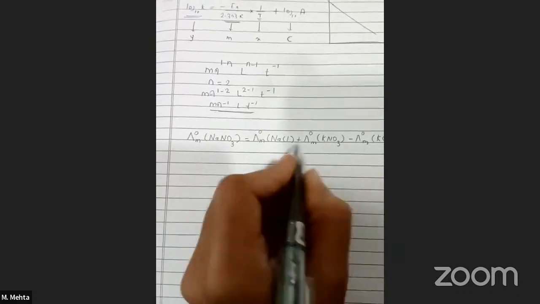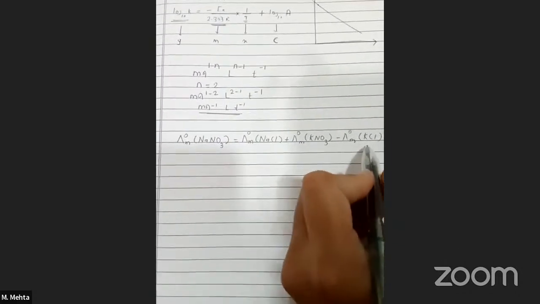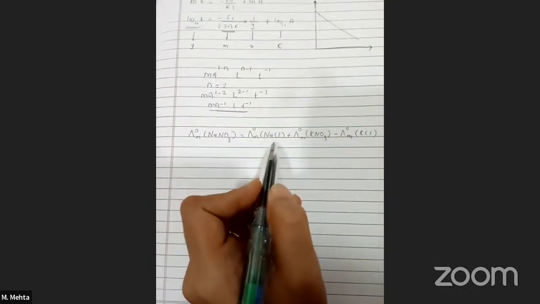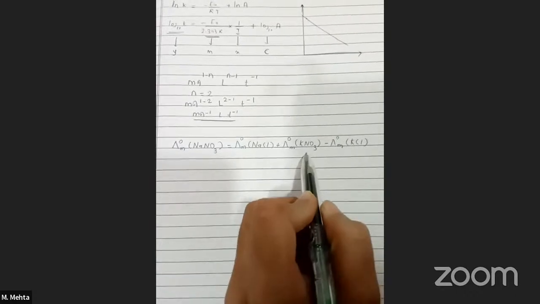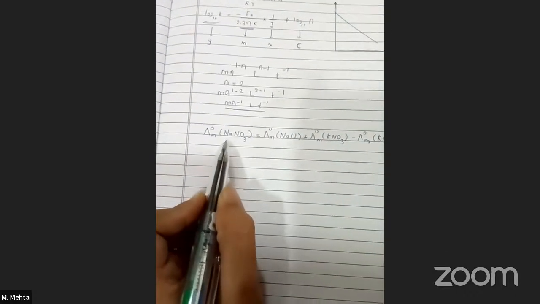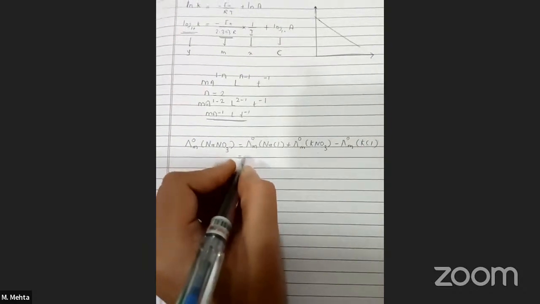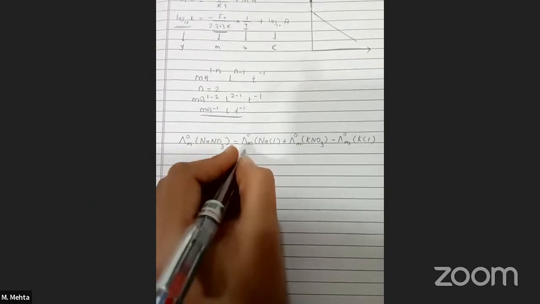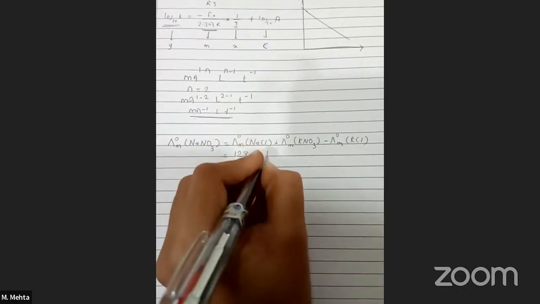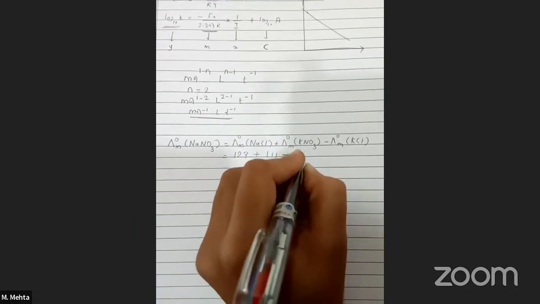In these three salts, Na plus Cl minus, K plus NO3 minus, K plus Cl minus, if we add NaCl and KNO3 and subtract KCl, the remaining ions are nothing but Na plus and NO3 minus. The values of molar conductivities are given: for NaCl it is 128, for KNO3 it is 111 and for KCl it is 152.